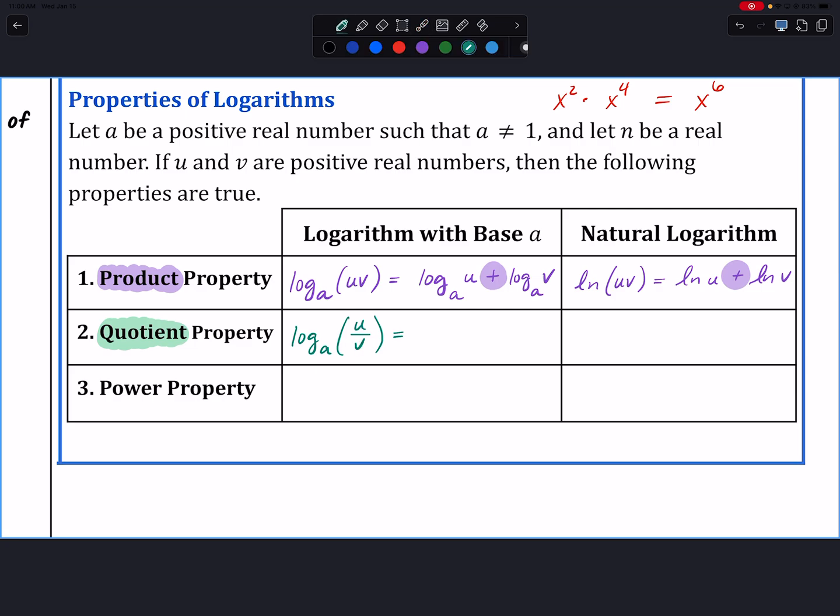So this means log base A of u minus log base A of v. Division means subtraction in log language. We can do the same thing with ln's. The ln of u divided by v is the same thing as the ln of u minus the ln of v.